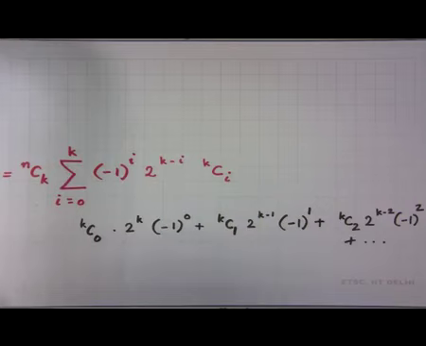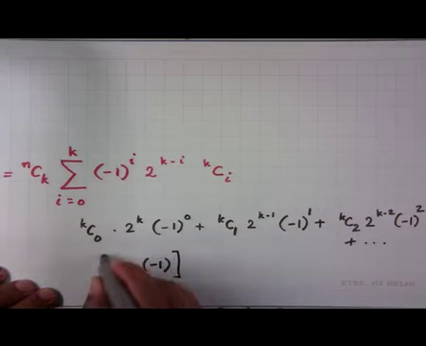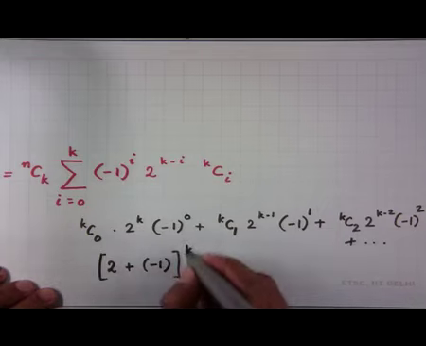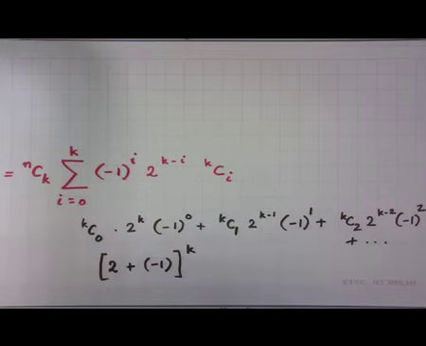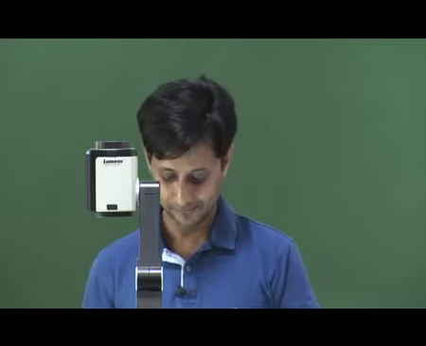And what is this? This is equal to 2 plus minus 1 whole power k. That is the binomial expansion of 2 plus minus 1 whole power k, is not it, right.